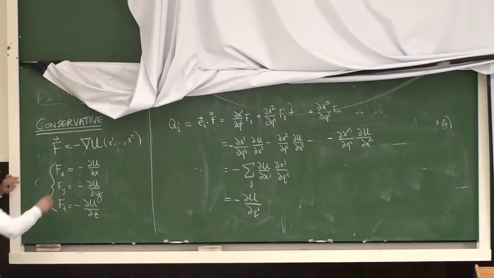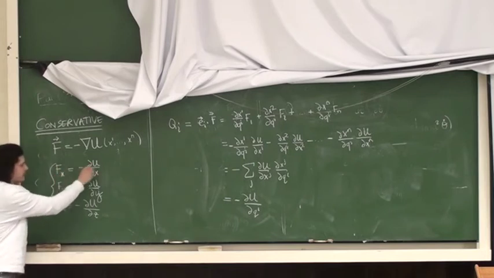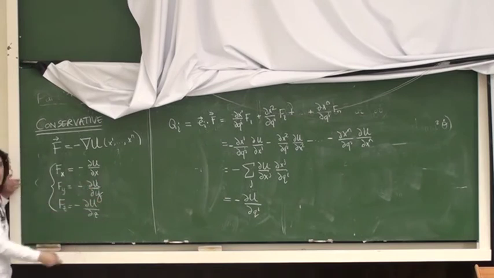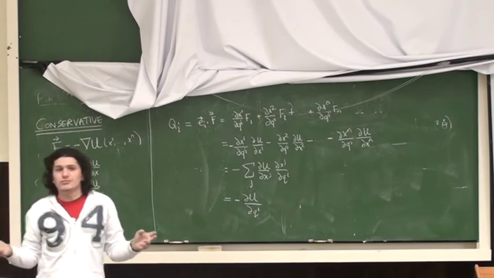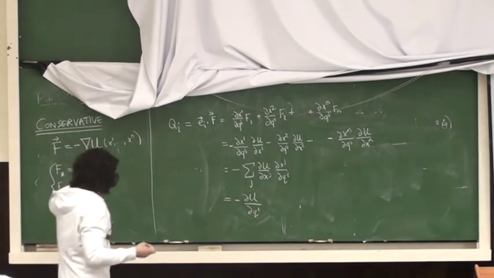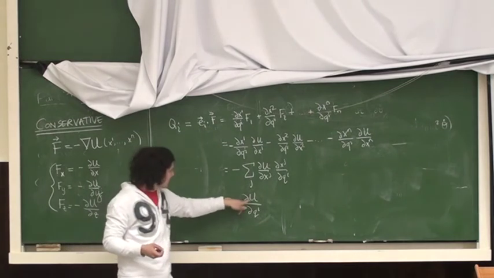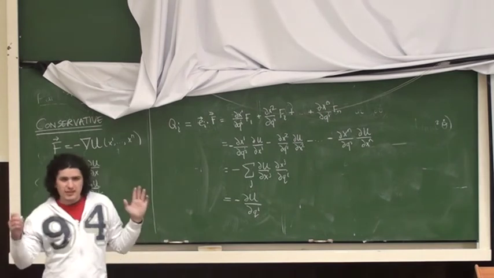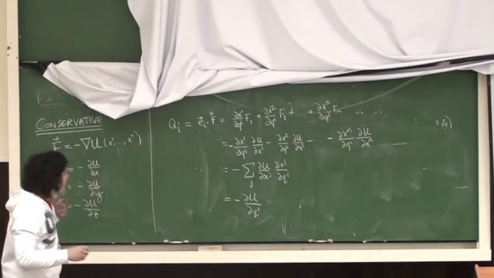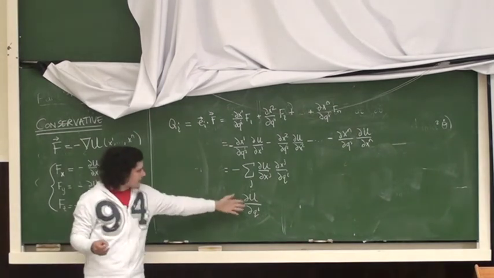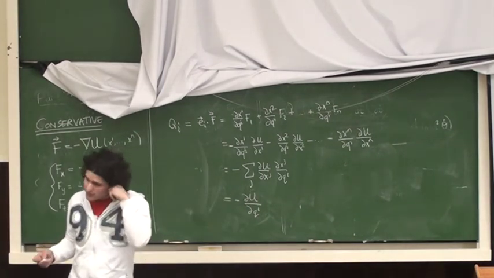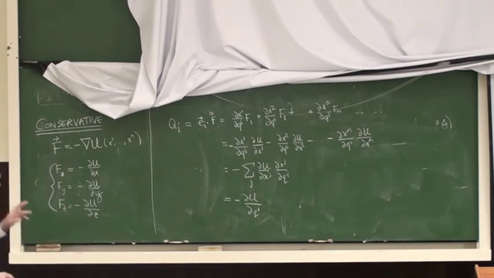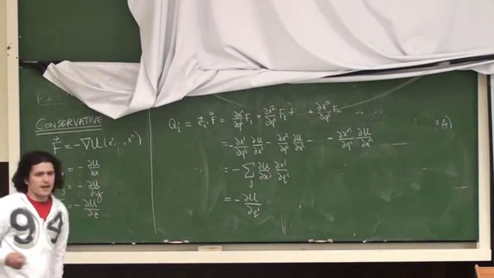Whether we're dealing in Cartesian coordinates, where Fx is minus ∂U/∂x, Fy is minus ∂U/∂y, Fz is minus ∂U/∂z, or in generalized coordinates, the expression is the same: Q_i is minus ∂U/∂q_i. So once we've got a potential energy, there's something special about our expression of the ith generalized component of force in terms of that potential energy.